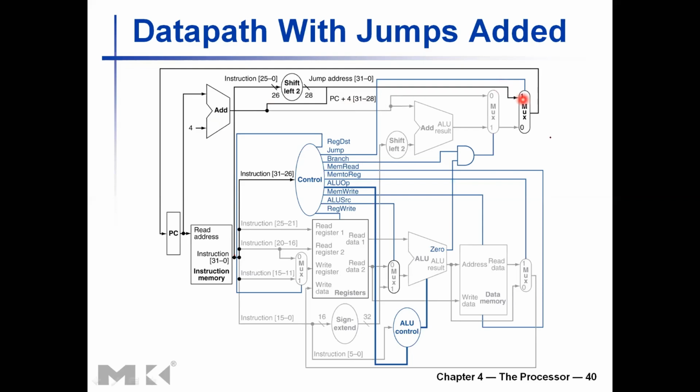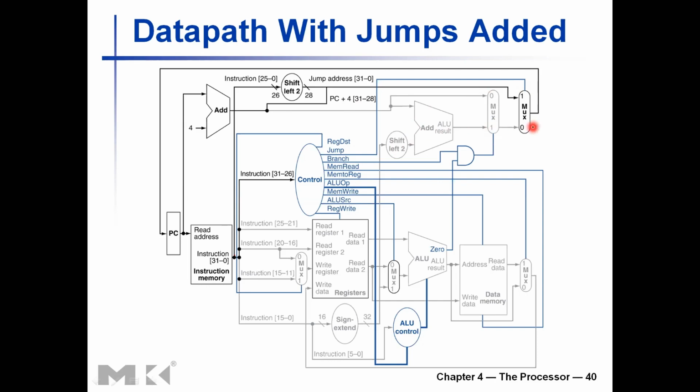Now we added an extra multiplexer here. The old branch instruction and the regular instruction fetch mechanism had PC plus 4 going into that multiplexer, or PC plus 4 with the added 16-bit offset for a branch instruction going into that multiplexer.